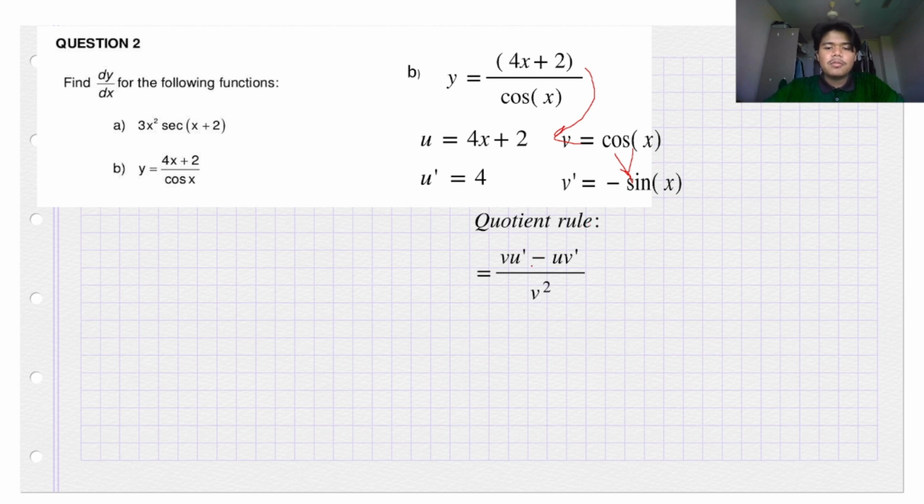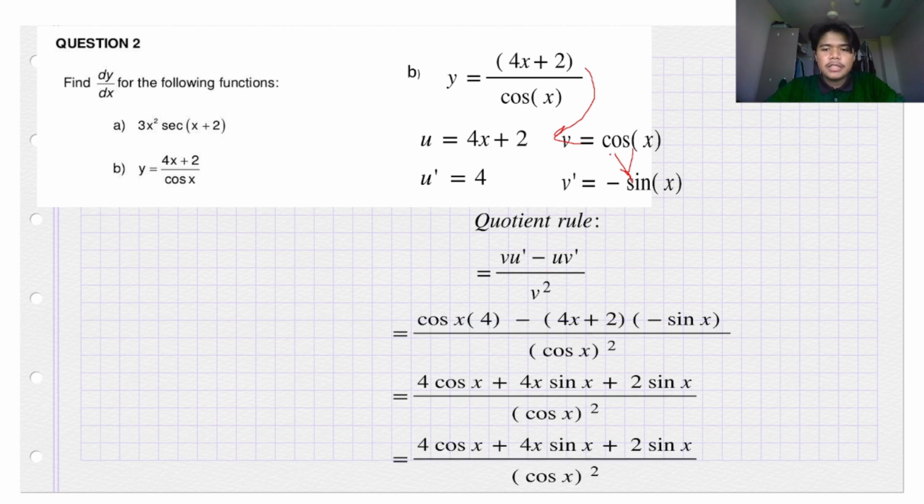So we put the information. So the quotient rule is v u prime minus u v prime divided by v squared. So we put the information v u prime and u v prime, and we multiply it.